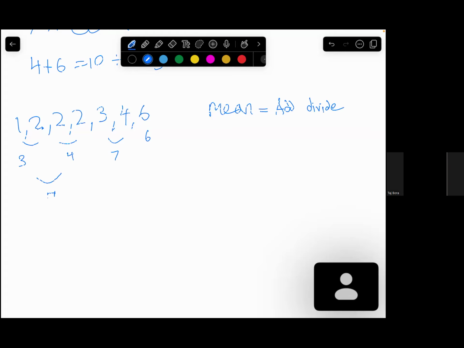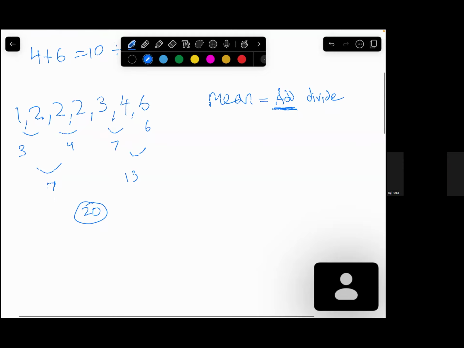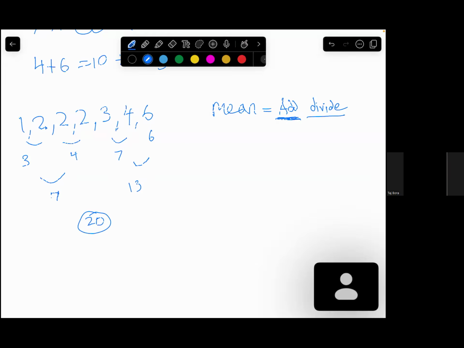Now 3 plus 4 is 7, 7 plus 6 is 13, and 7 plus 13 is 20. So we did the first step, and that is to add. Now the sum is 20 of all of these numbers. Now the next thing is to divide. So we count how many numbers there are. So there's 1, 2, 3, 4, 5, 6, 7. So we take our number 20 and divide it by 7.